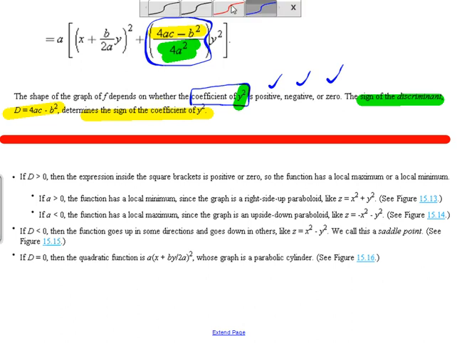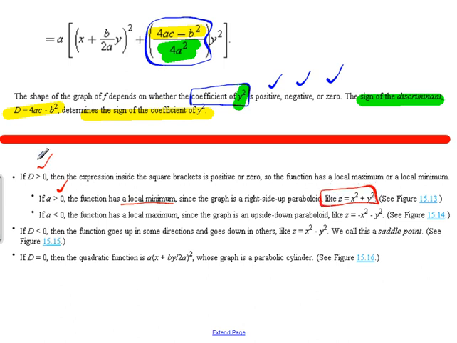And what we know is that if d is greater than 0 and a is greater than 0, the function has a local minimum because the graph will be a right side up paraboloid.